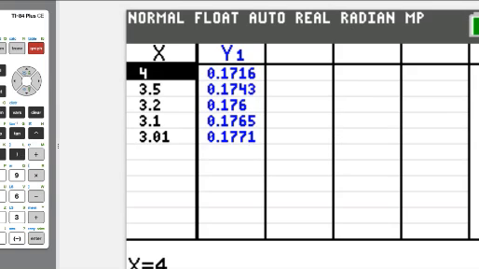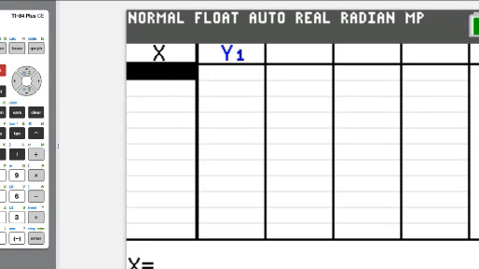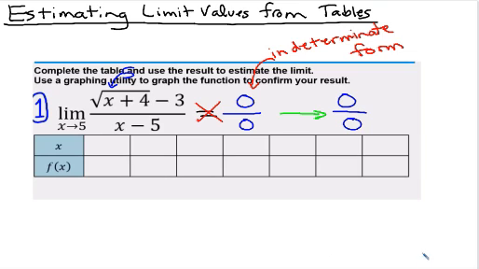If we've got other junk in there, we can take it out. And let's go back to our function now. We are interested in what is happening as x approaches 5. So I've told you we want to pick some values that are close to 5, but maybe not right at 5.